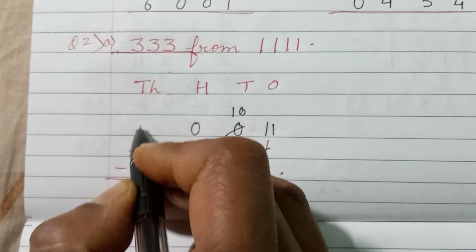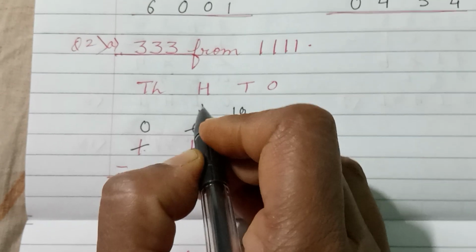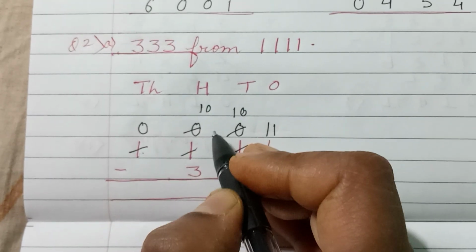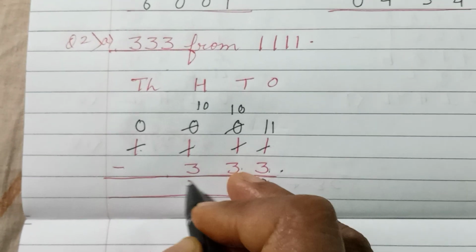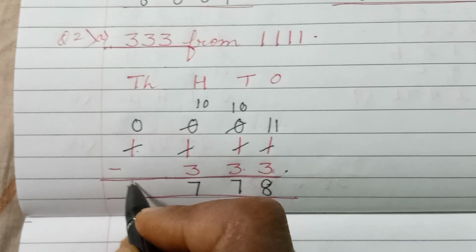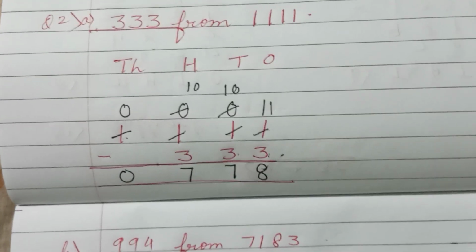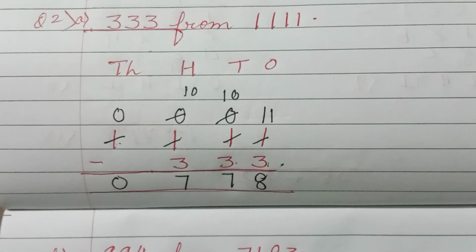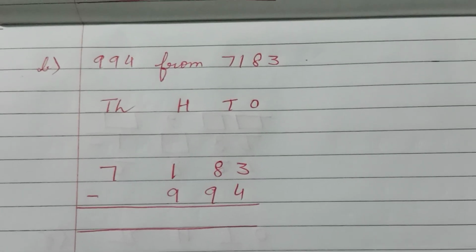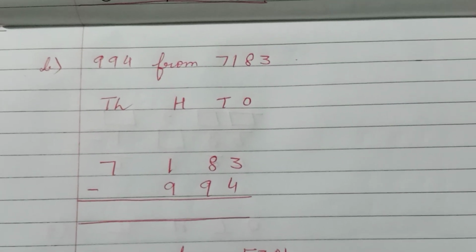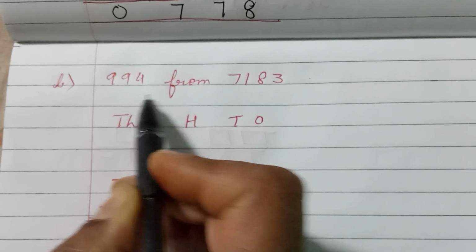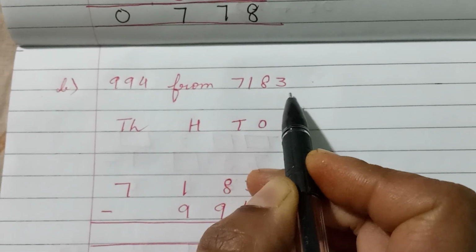So this 1 becomes 0 and this 0 becomes 10. Now again 10 minus 3 is 7 and this 0 is 0. So the answer is 778. Similarly, moving to question number B, subtract 994 from 7183.